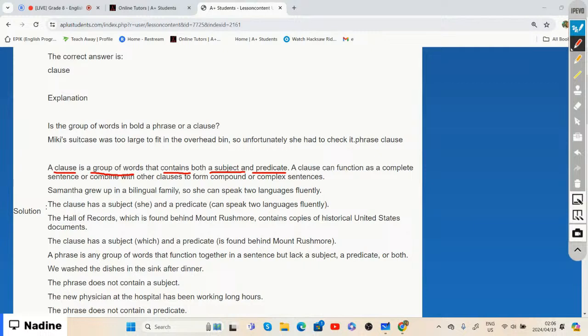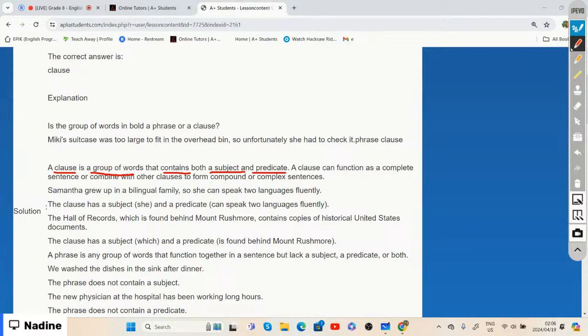A clause can function as a complete sentence or, combined with other clauses, can form compound or complex sentences. Then we get independent clauses and dependent clauses, and that is where the compound and complex sentences come in.